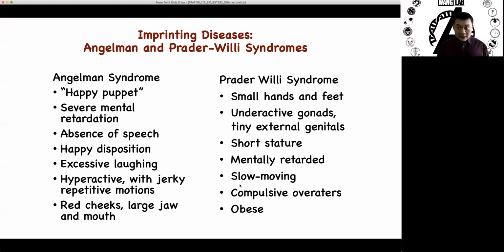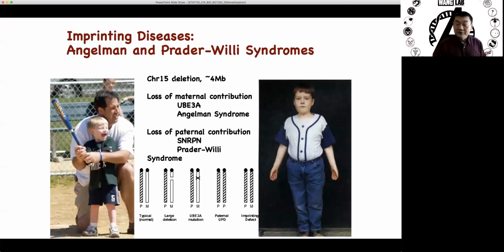These are genetic diseases, so people have mapped where the problem is. The interesting thing is these two diseases got mapped to exactly the same genetic event. They got mapped to the same deletion on chromosome 15. So that's interesting, how the same deletion results in two very different diseases.